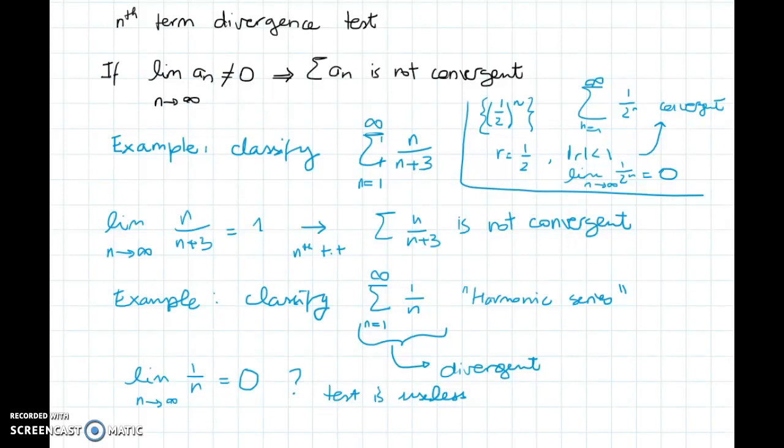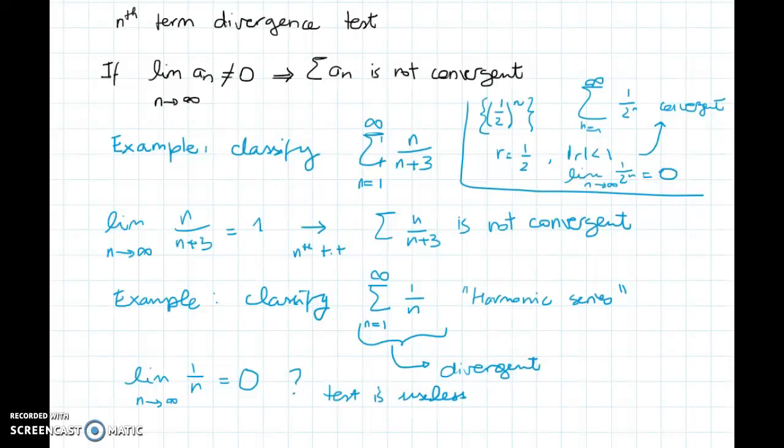If we get a limit that is 0, the test is useless. It could be that the associated series is divergent, as happened with the harmonic series, or it could be that the associated series is convergent, as we saw with the geometric series with common ratio 1 over 2.